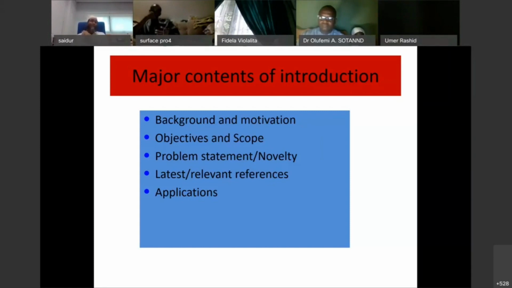Even though we have high-end equipment, in most cases reviewers and editors say there are fewer applications, so they don't recommend publishing in high-impact journals, particularly something like Energy Conversion and Management, International Journal of Heat and Mass Transfer, Applied Energy. But so far we managed to publish in Solar Energy and Solar Energy Materials and Solar Cells, some good high-impact journals. That's why application is important in some areas, particularly in science and engineering.